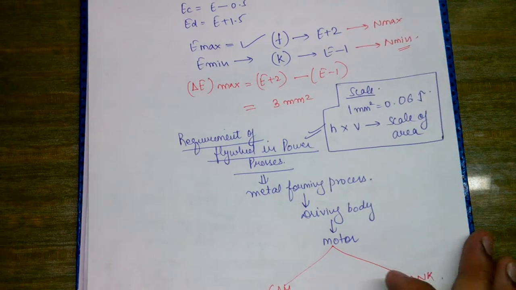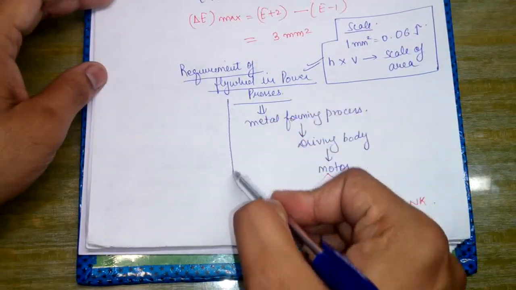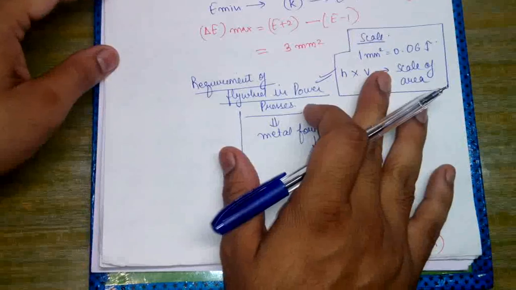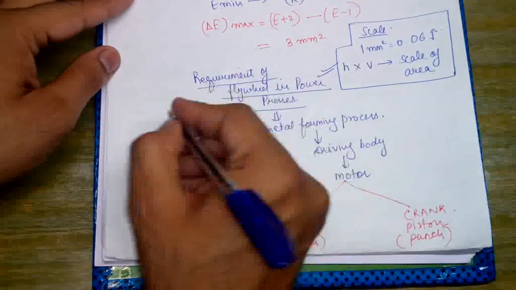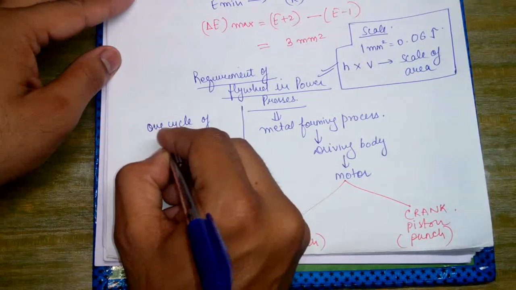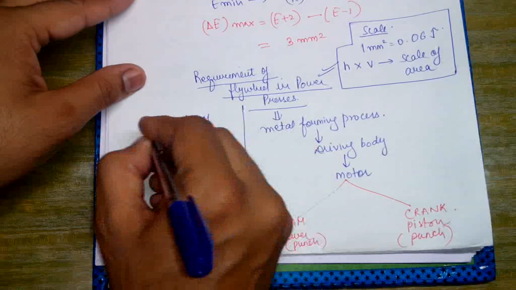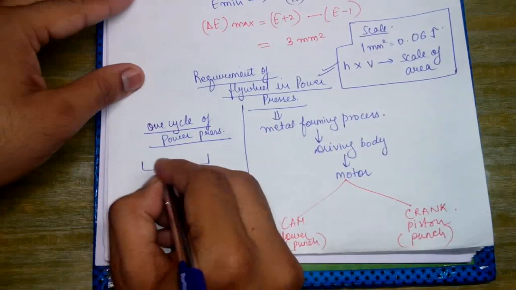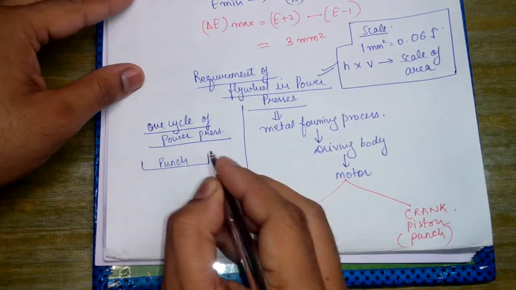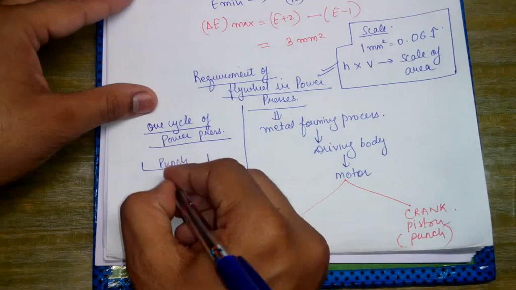Now we will discuss some numerical aspects, say one cycle of a power press. Say this is the punch, and the punch is coming from here to here.